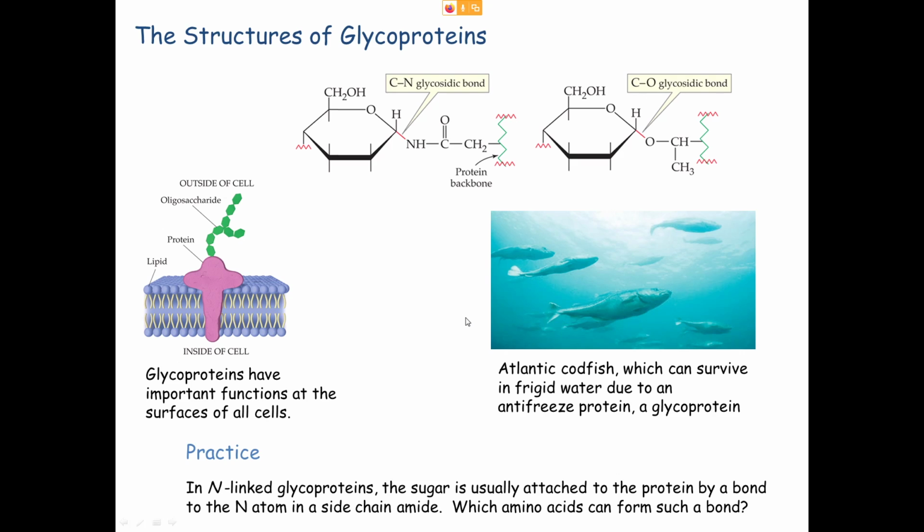So we can also take our sugars and attach them to proteins. We don't have to attach it to simply other sugars. So if we attach a sugar to a protein, shown in this really weird drawing here is this protein backbone in the zigzag green, and one of the amino acid side chains is shown. Which amino acid is this?